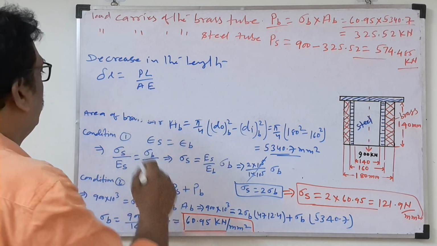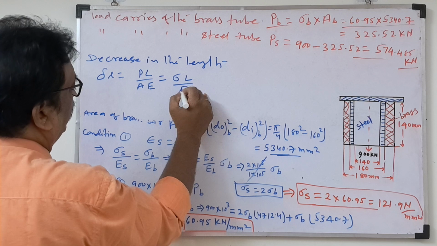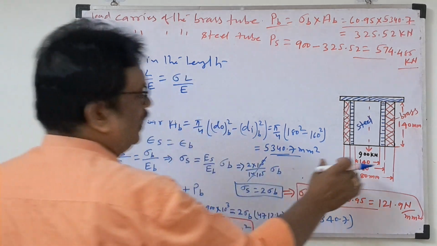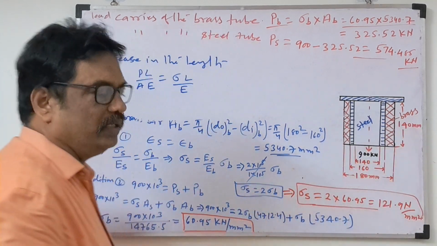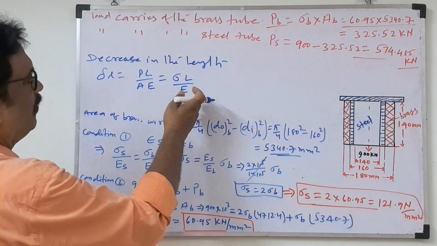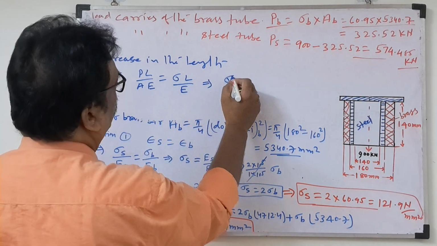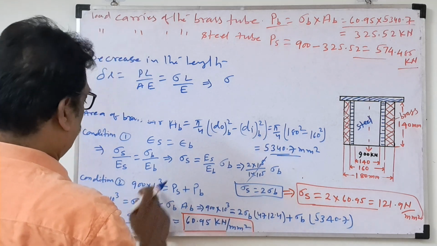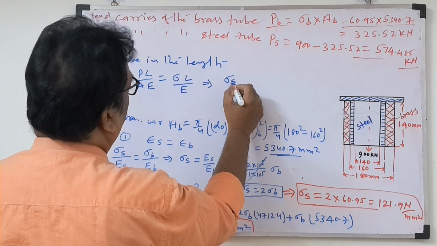P by A is nothing but stress, so delta L equals stress into length by E. The decrease in length will be equal for steel and brass, so we can find it with any one. I am taking steel.